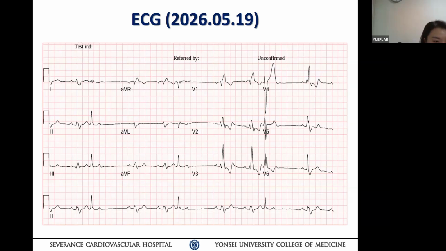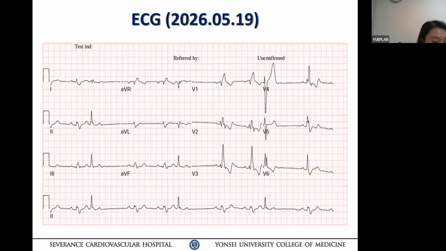Well, the thing that is strange about this ECG is that the premature beat QRS is very narrow and the subsequent P wave doesn't conduct to the ventricle.